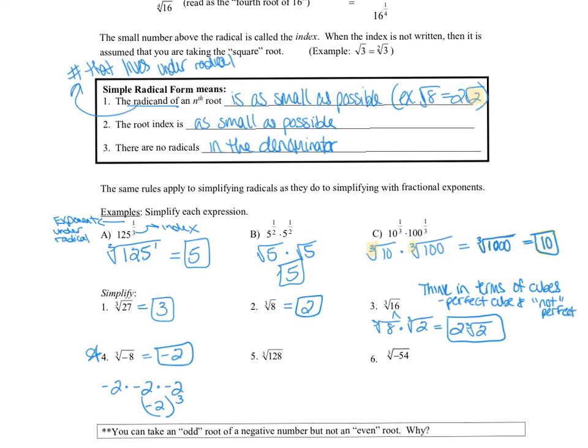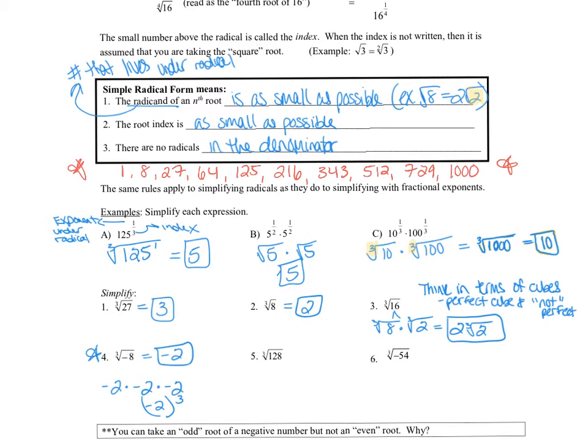So 1 cubed is 1, 2 cubed is 8, 3 cubed is 27, 4 cubed is 64, 5 cubed 125, 6 cubed 216, 7 cubed 343, 8 cubed 512, 9 cubed 729, 10 cubed 1,000. So keep this list in mind as we move through this, and it'll help you to be able to pick out the largest perfect cube when you have to simplify, like in number 5.